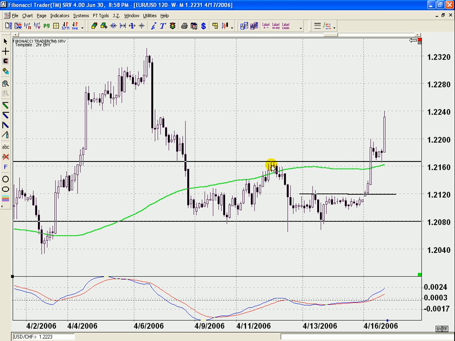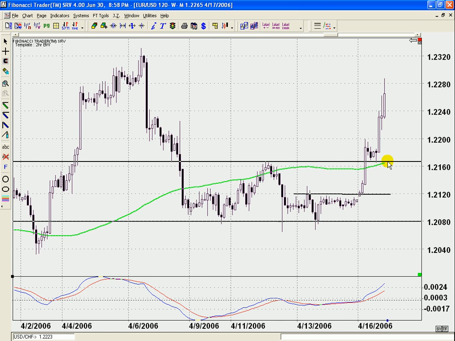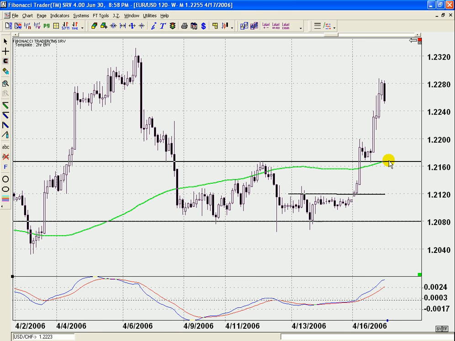This high is also converging with the 10-day moving average here. And so we rally, and by the way, we're looking at a 120-minute chart, so it's a 2-hour chart. And say that we're in this long-term position, and we see that price has now made a high.